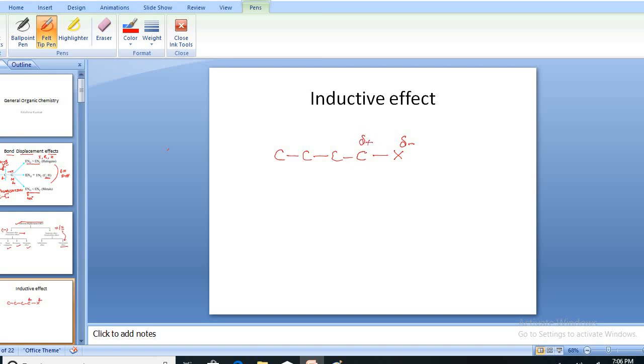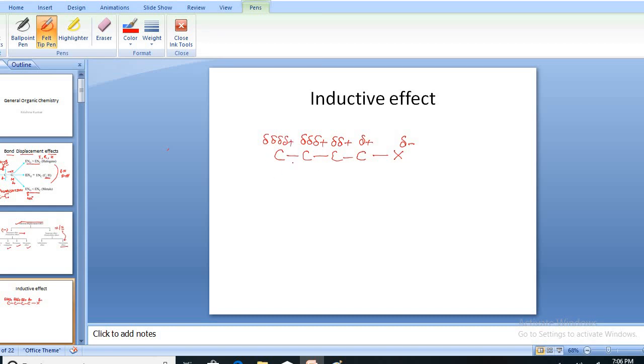Now this carbon has become electron deficient, so it will be pulling from the next neighbor, right? So there will be a slight positive charge here, so we would write partial positive. Now this would pull from the nearby carbon, so this is going to be delta delta positive, and this is going to be delta delta delta positive.